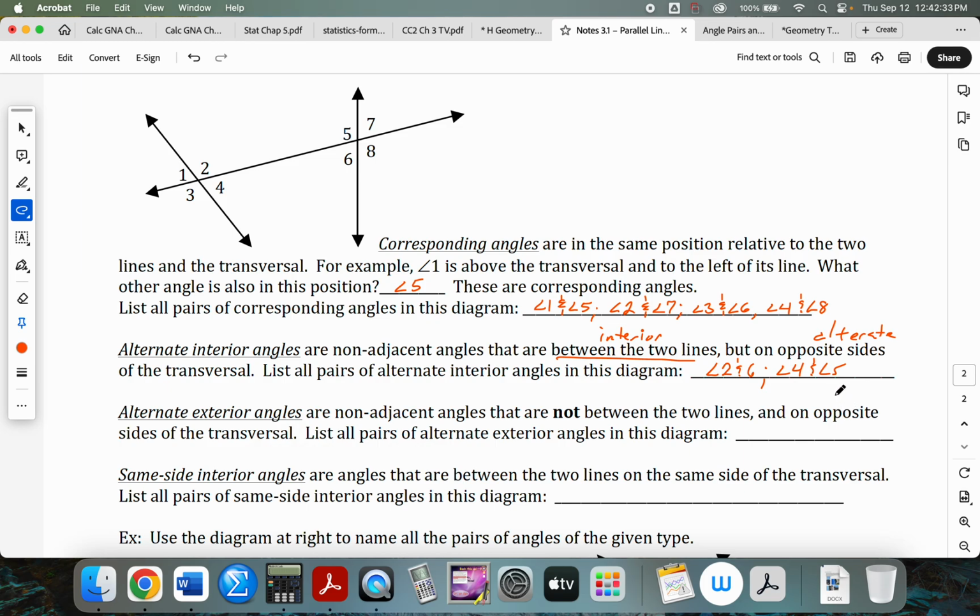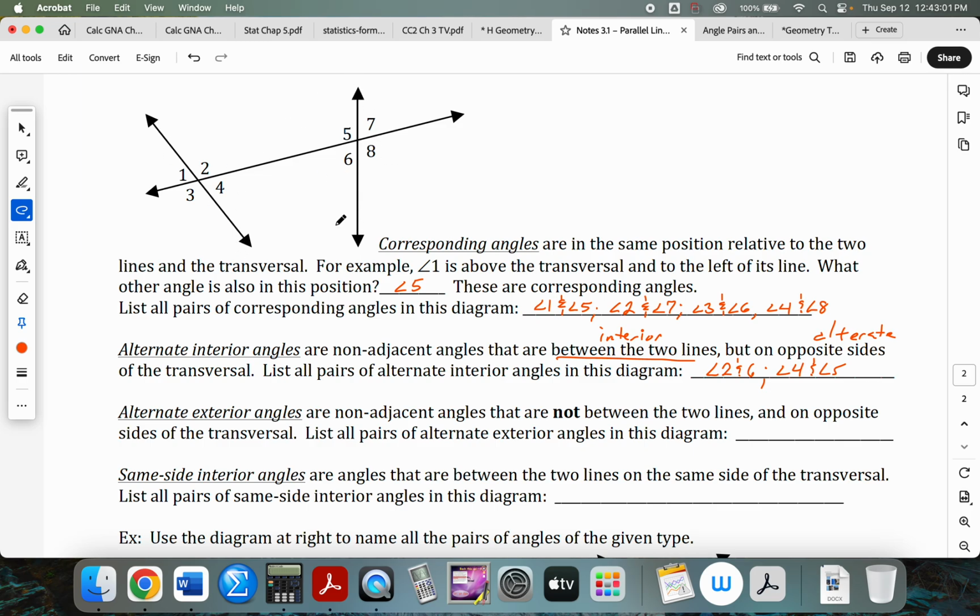And then just like alternate interior angles, we also have alternate exterior angles. So what kind of angles would be alternate exterior? Not in between the two lines, outside the two lines. Yes, ma'am. 8 and 5? 5 is in between these two lines.